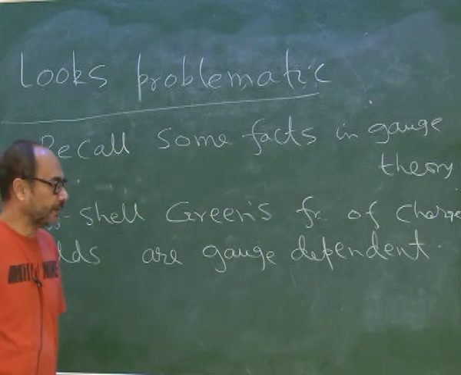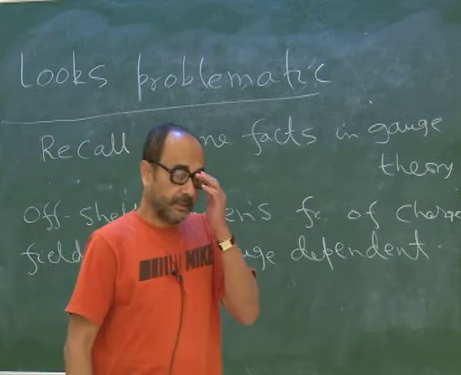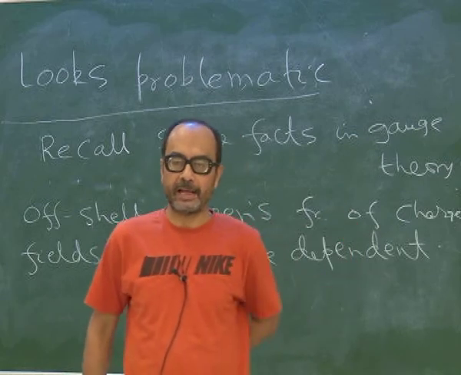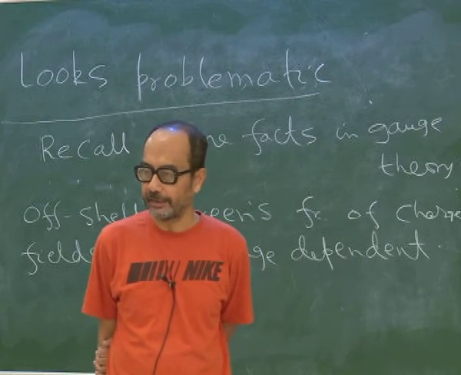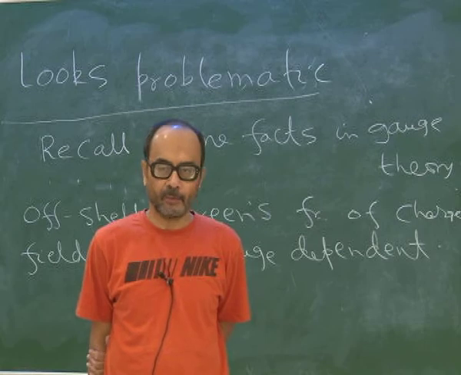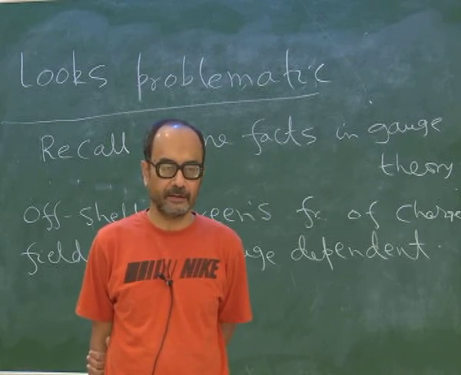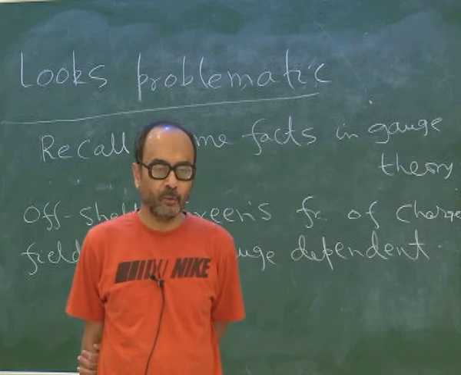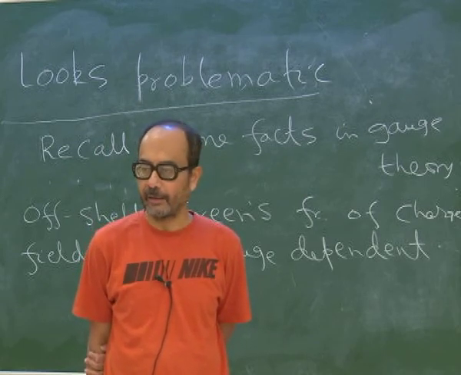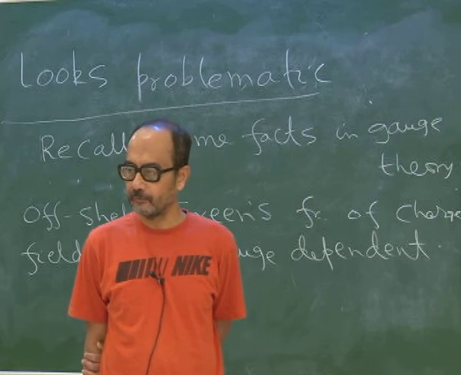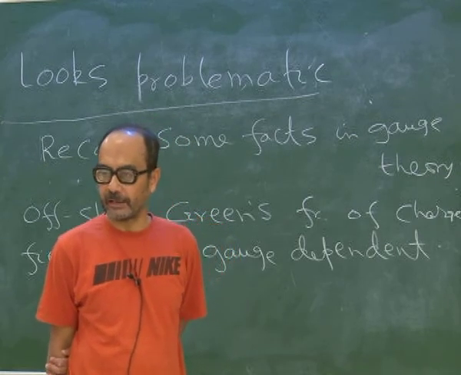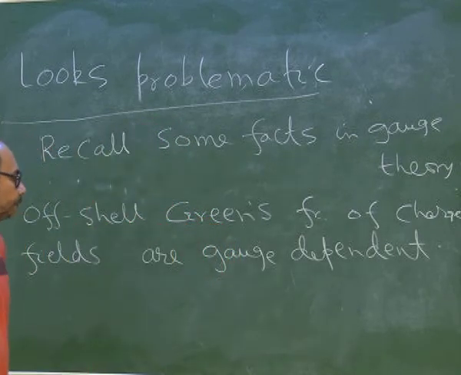If you calculate, for example, a 2 electron, 2 positron Green's function in normal QED, the result of that computation will differ in the Feynman gauge and Landau gauge and axial gauge. So the off-shell Green's functions are dependent on gauge fixing parameters.